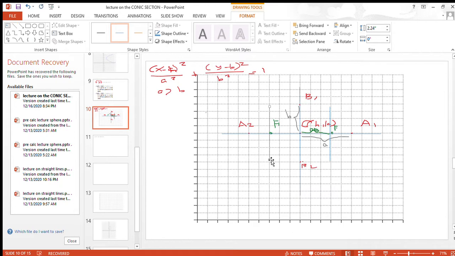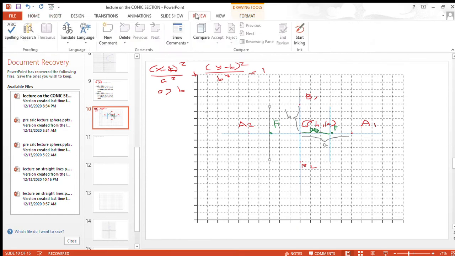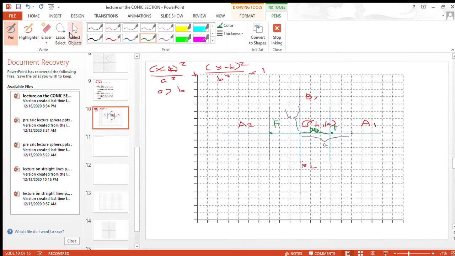So that will now be our latera recta. Let's just label them. We can label this as Q prime, let's say it's here, Q1, and then Q1 prime here. What do we need to remember? F to Q is b squared over a.